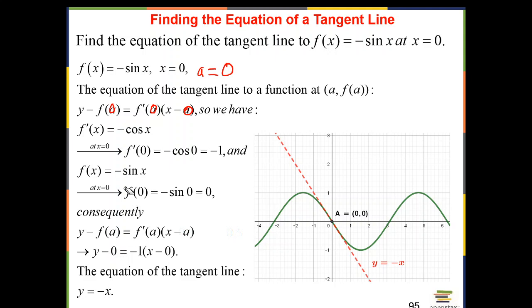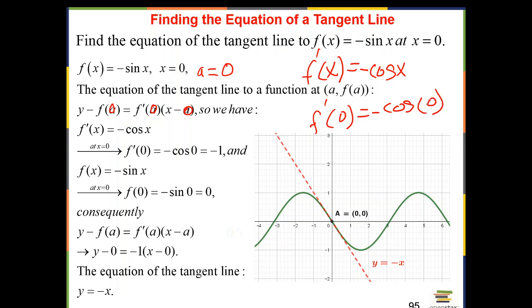right? And now, what is f prime at 0? Well, we know f prime for this function. What's f prime? Well, we keep the negative. What's the derivative of cosine? It is negative sine, but remember, the negative was part of the function. So f prime is negative cosine. Now, what is f prime at 0? It is negative cosine 0.